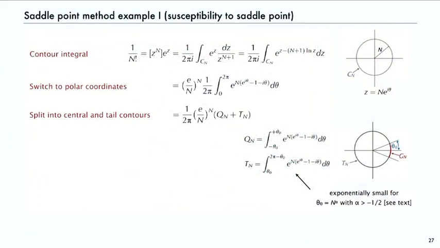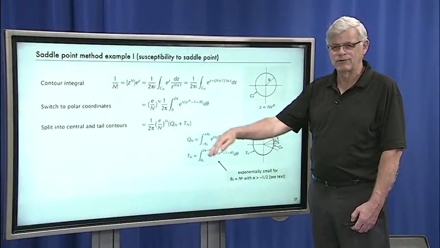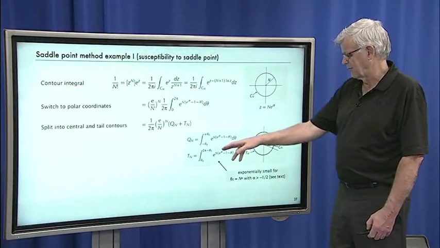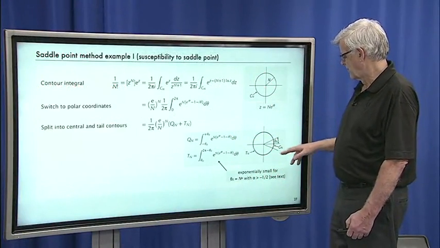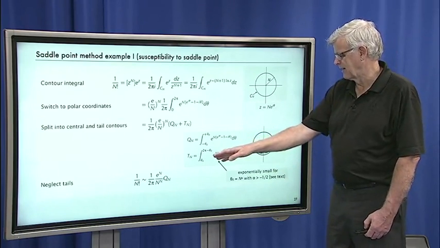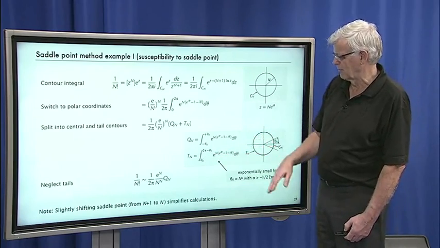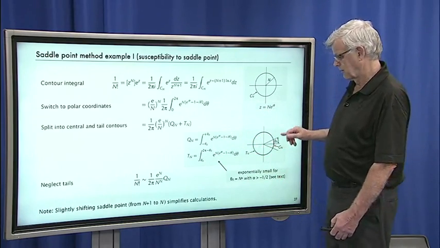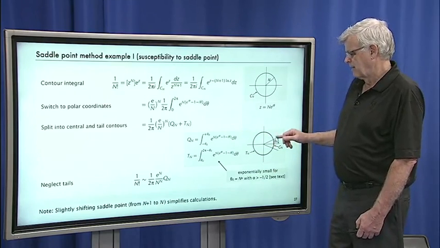When we're away from the saddle point, remember in the 3D diagram, that's when the curve drops all the way down, and so it's exponentially small. So we're going to just neglect the tails and just work with the part close to the saddle point.